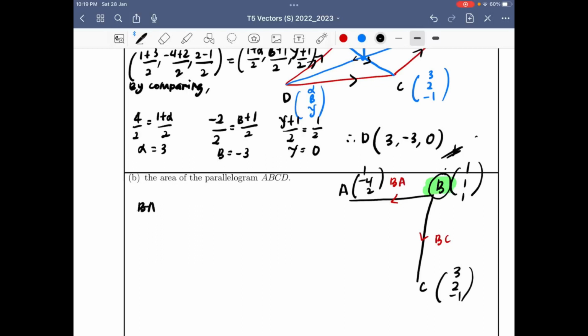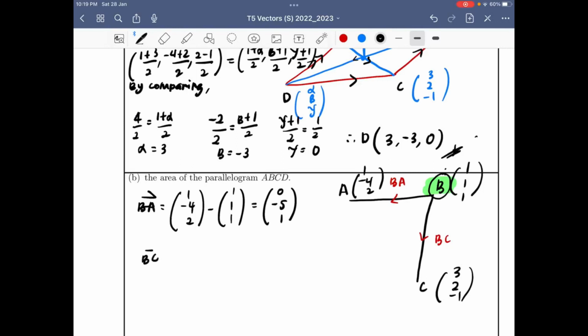So vector BA is A minus B. Okay, A minus B, 1, -4, 2 minus B. The last position vector minus the initial position vector. B is 1, 1, 1. So we have BA is equal to 0, -5 and 1.